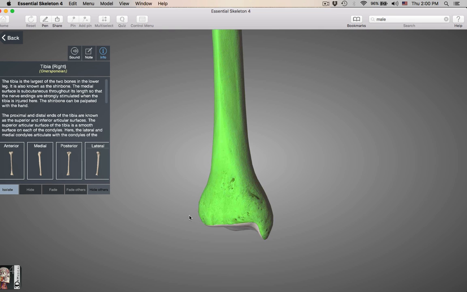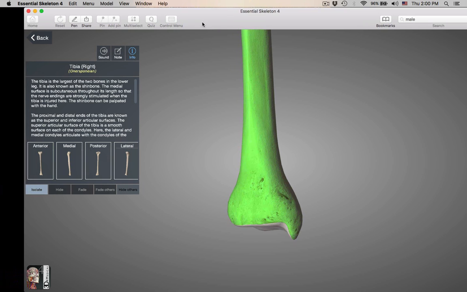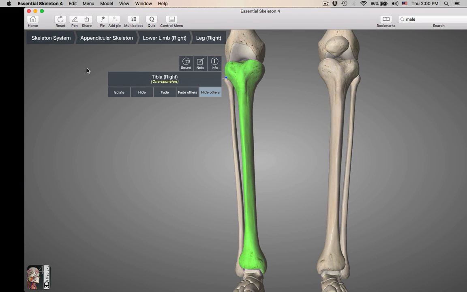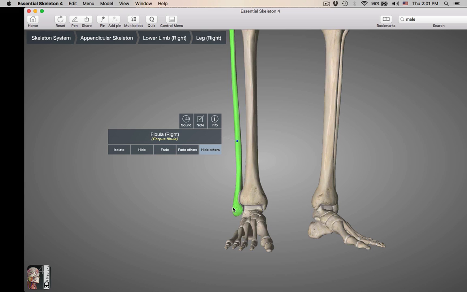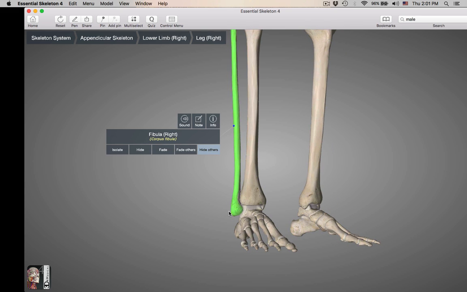Now, with the fibula, let's go back to the fibula. On the lateral side, when you feel a big bump on your lateral ankle, you are feeling the lateral malleolus of the fibula.